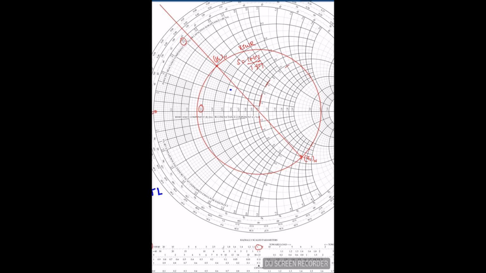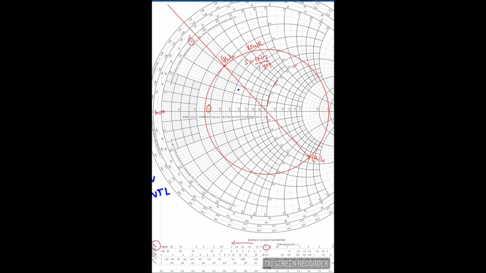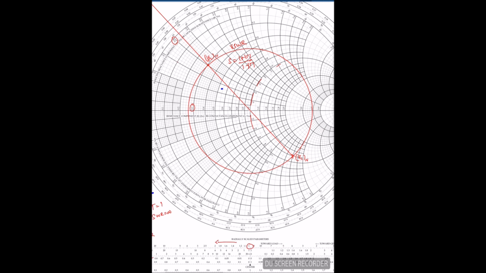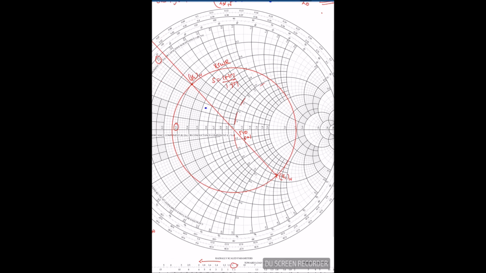It can move from 1 to 2, and when it reaches the outer scale of the Smith chart, gamma becomes 1 and SWR becomes infinity. At the center of the Smith chart, SWR equals 1 and gamma equals 0. Okay, this is the basic of the Smith chart.